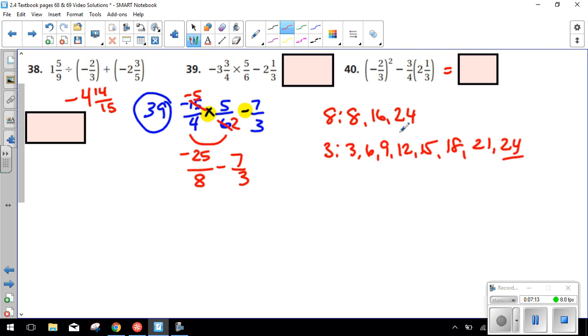Okay, so 24. I'm going to rewrite this as plus negative something over 3.